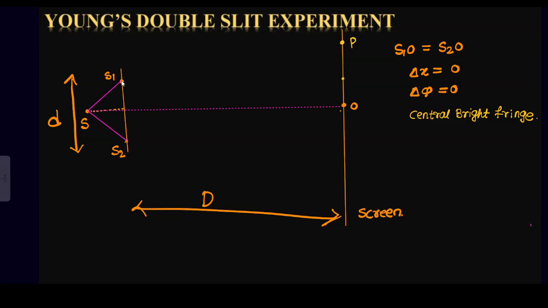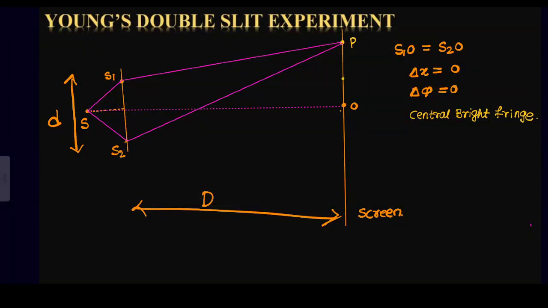The light ray goes from S1 to P, and from the other hole. The remaining part is completely blocked. Very tiny holes, so the light can spread like this to this point.